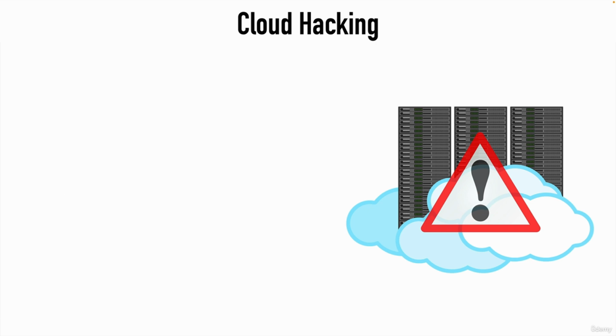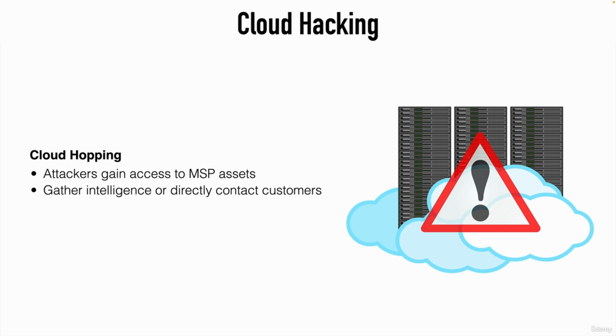This works when an attacker is able to gain access to an MSP in some way through one of the techniques that we've looked at in this course. The remote access they gain can be used either to gather intelligence about all of the MSP customer data or to directly contact these customer networks.